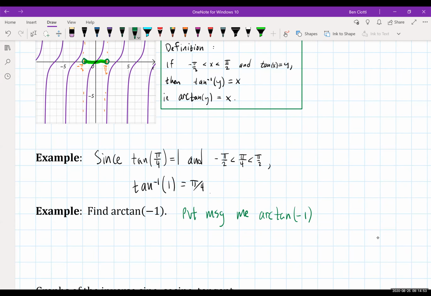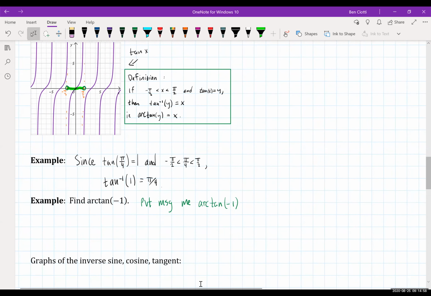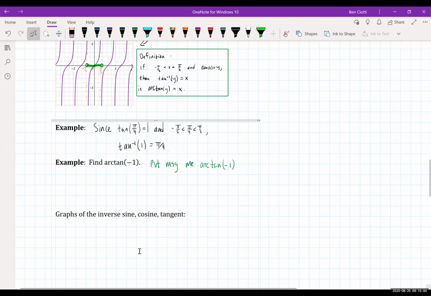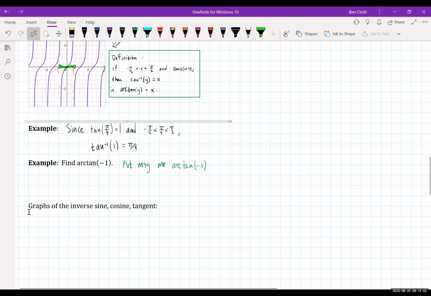And while you're doing that, I'm going to go collect some graphs. So keep on doing that if you haven't messaged me yet.